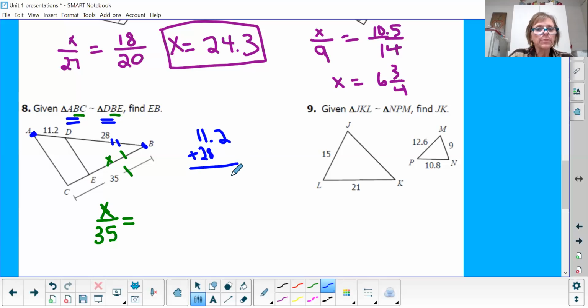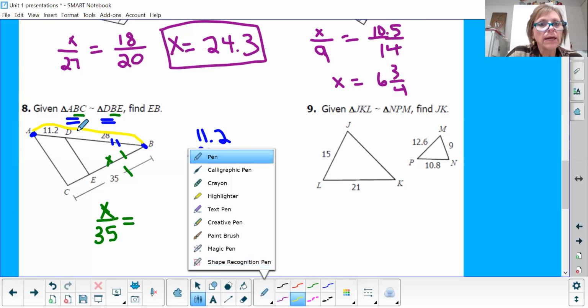Okay, I'm lining up the decimals. 2, 8 plus 1 is 9, and 1 plus 2 is 3. So this right here from A to B, I'm going to put it over here because I don't want to mess up my picture that much, is 39.2. Let me do it in yellow, then we can still see stuff. Okay, can't see my 28, anyway, that is 11.2.